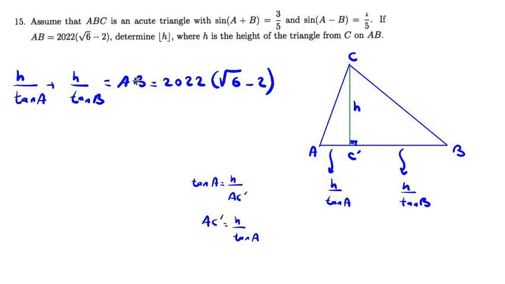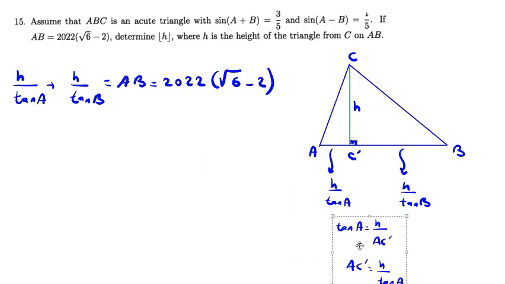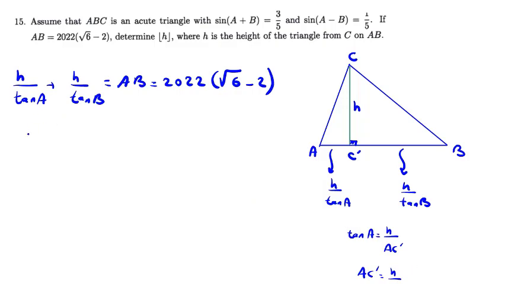So our goal is to find 1 over tangent A plus 1 over tangent B. If we find this, then we factor h out and we can find h.